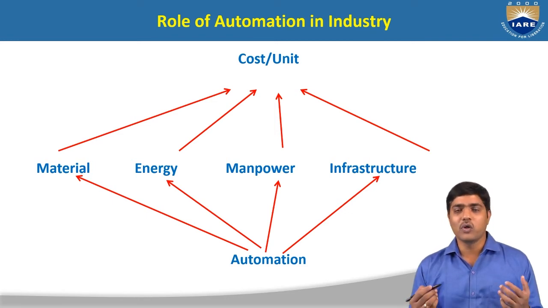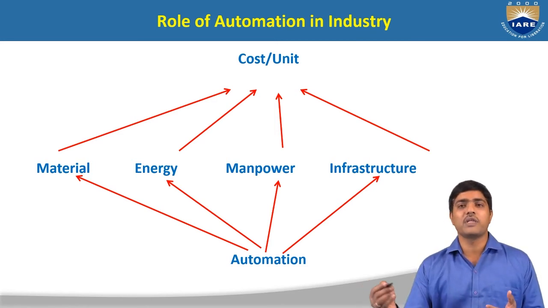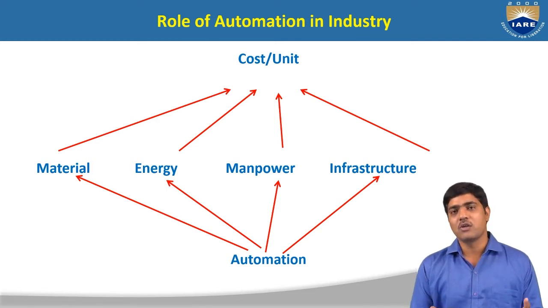But if it is done through manual operations, you may require more and more material, and there is a chance of variation in the final product. So if any variation takes place, you throw that piece away and make a new one. That is the usual practice. But if you handle these things through the automated process, there won't be any scrap, so that the material is minimized.